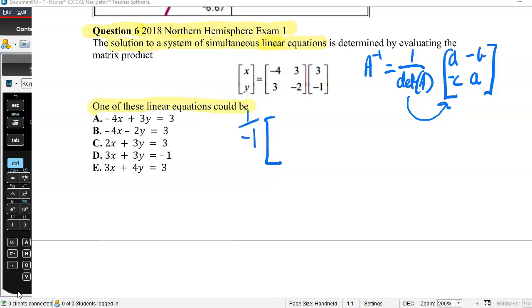Okay, so let's divide all of those by -1. All right.